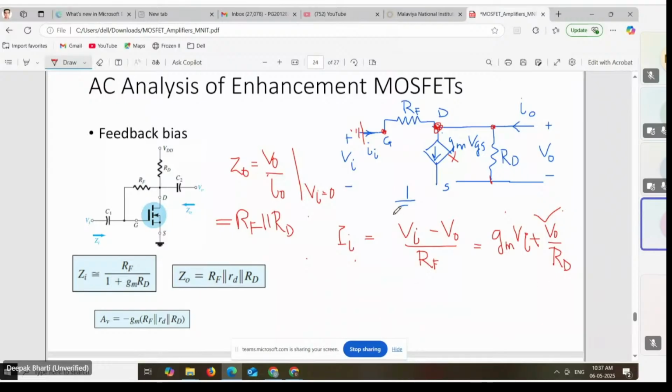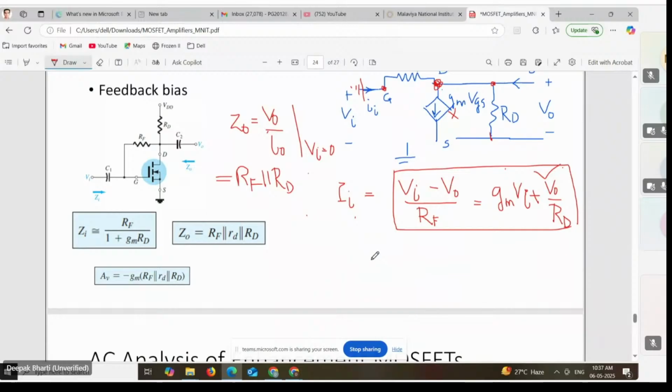Now if you observe the RHS and LHS of these two equations, you will notice that these terms contain only V0 and Vi. So if we arrange V0 terms on one side and Vi terms on one side, we can easily get the ratio of V0 and Vi.